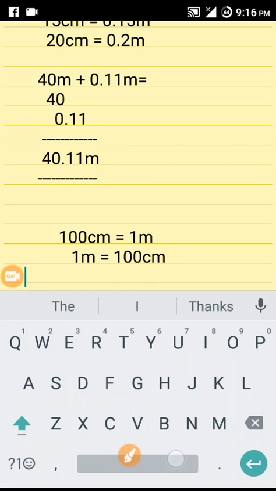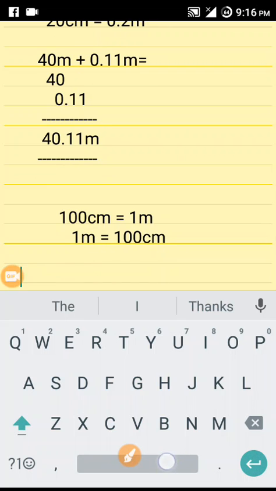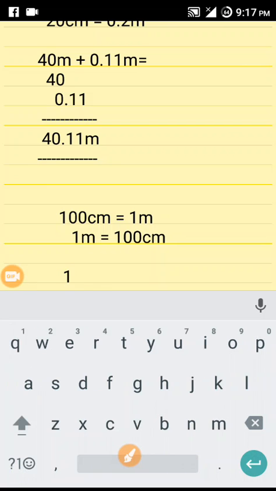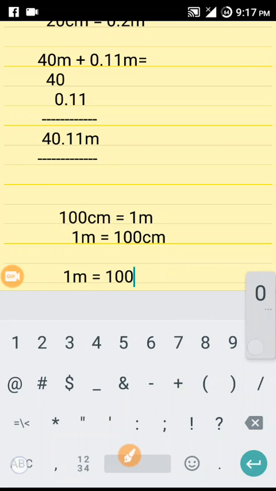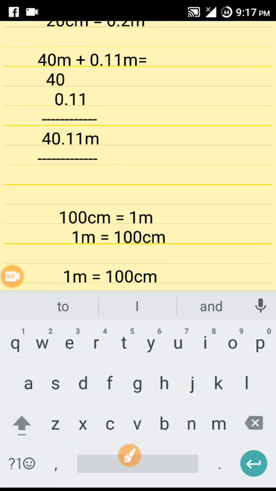So judging from this one, from 1 meter, you could see that one meter will give us what? 100 centimeters.